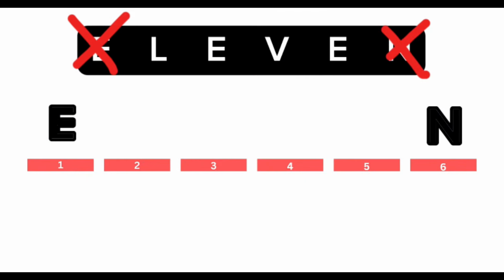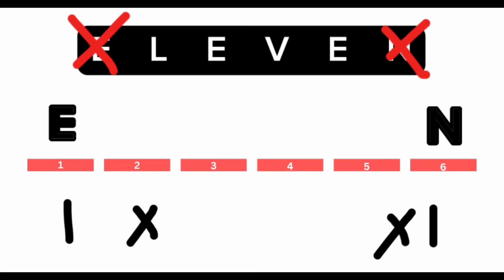Since we have an E in the first place and the N in the last place, the possible outcomes for the first place and the last place would be 1. So now our focus is the 4 remaining letters, L, E, V, E. We ask ourselves the question again: is there any repetition? The answer is yes, because we're seeing 2 E's.